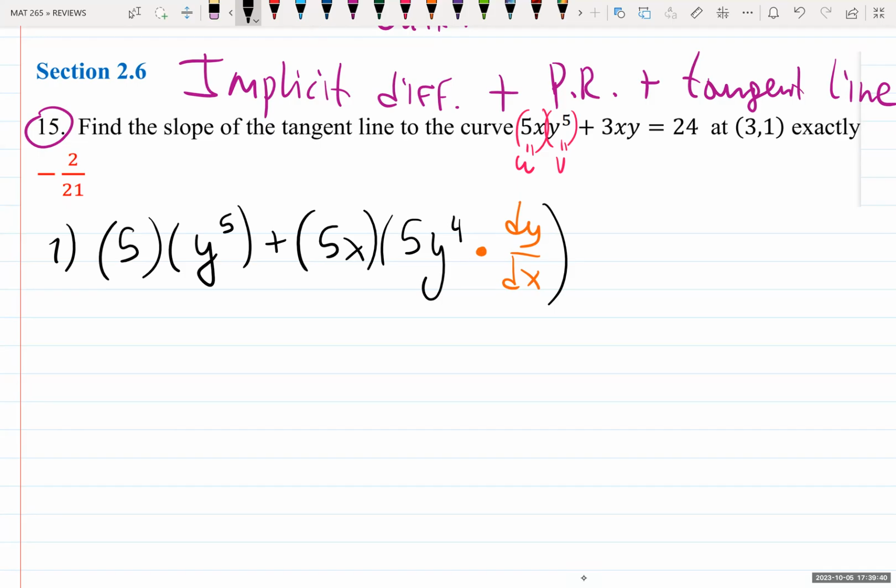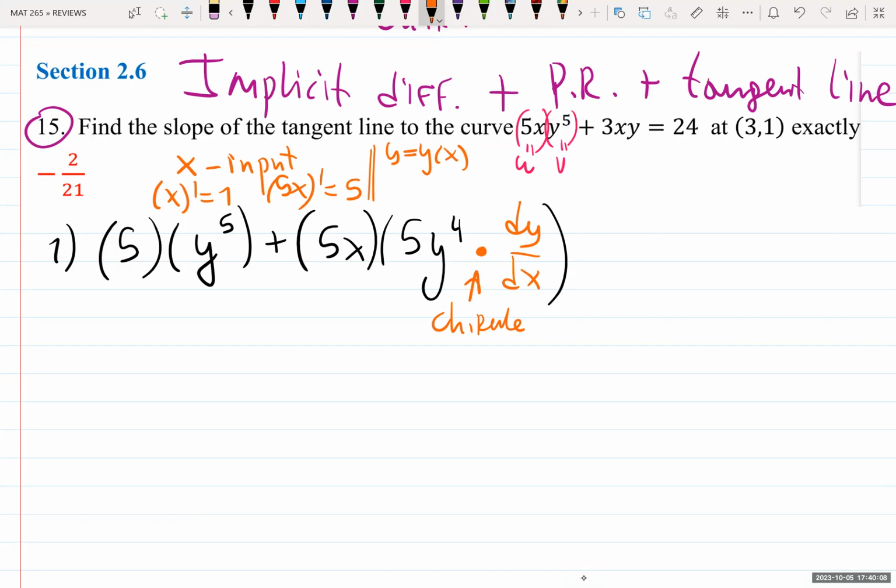Or you see it this way, it is chain rule. Let me explain. Again, chain rule. So x is my input. It's also called the independent variable, right? So the derivative of x is 1. Derivative of 5x is 5. It's actually 5 times 1 if you think about it. But y depends on x, so there's something inside of y.